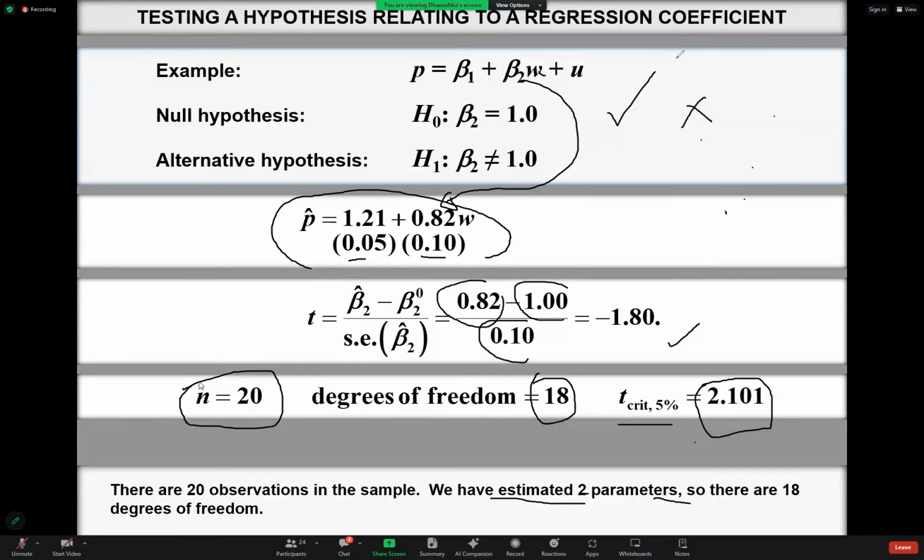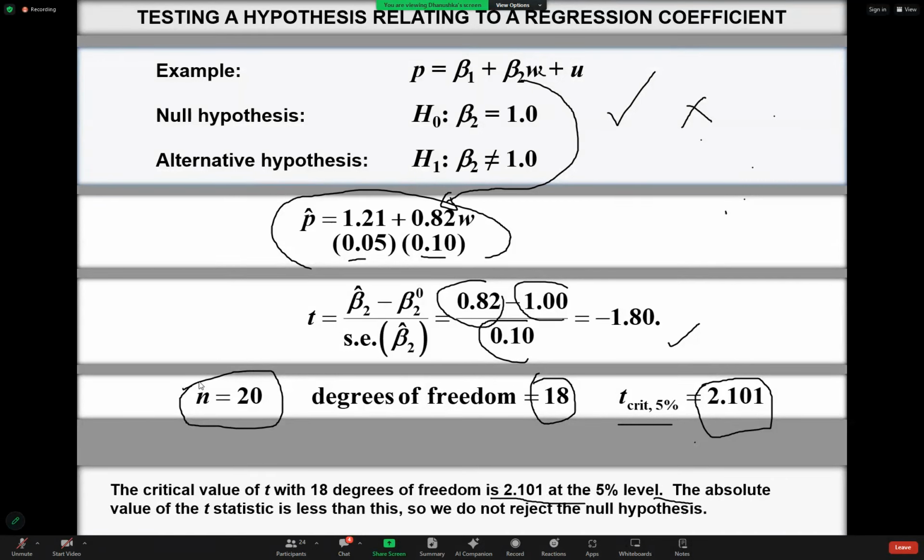Then what is your decision? The critical value of T with 18 degrees of freedom is 2.101 at 5% level. The absolute value of the T statistic is 1.80, and the critical value is 2.101. This is less, so we do not reject the null hypothesis.